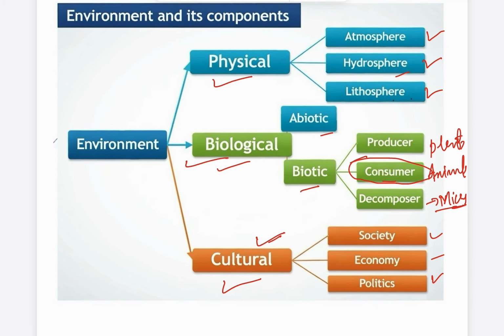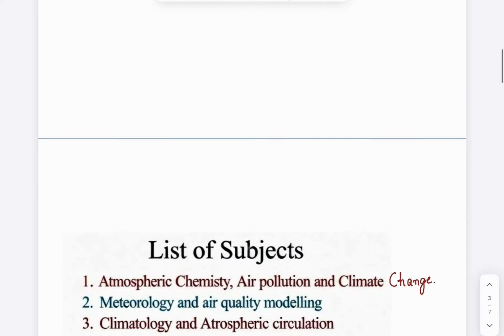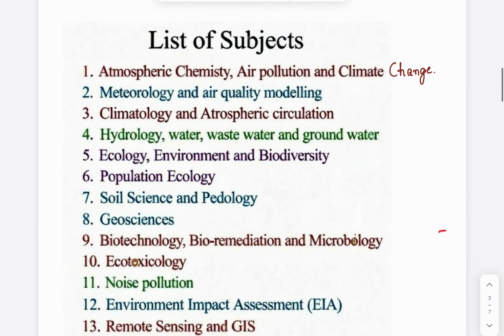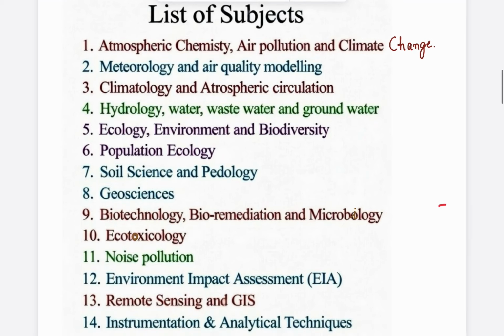So based on these components of the environment, we have compiled a list of 19 subjects that will be covered in this forthcoming series of lectures. So we have referred to the UGC NET syllabus.